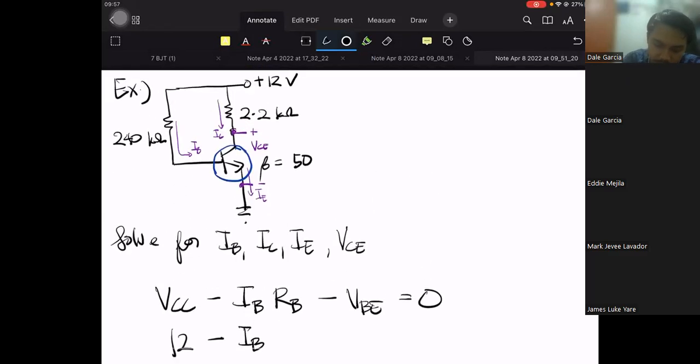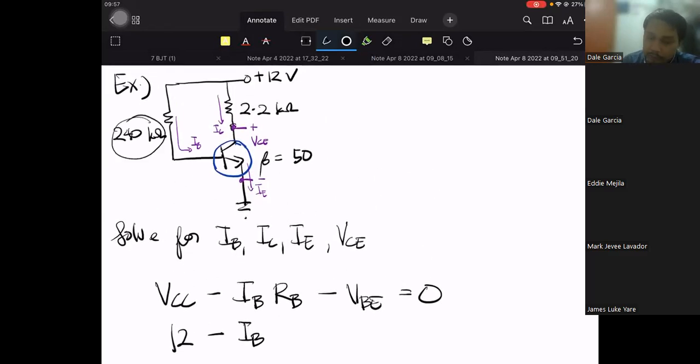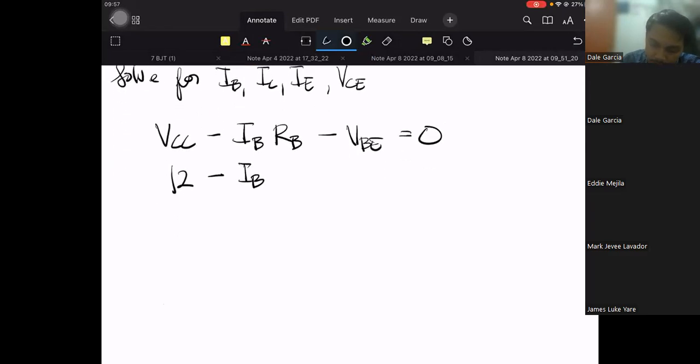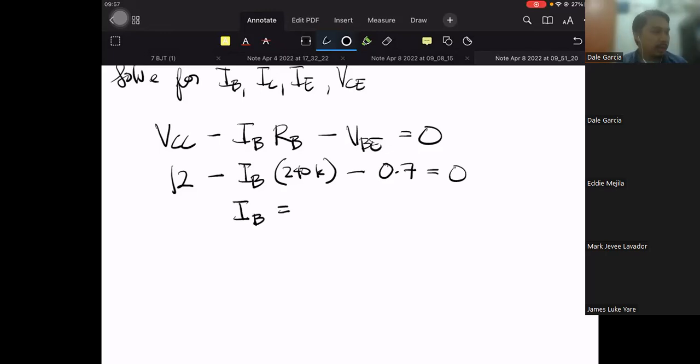RB is given as 40 kilo ohms, minus VBE, which you should memorize as 0.7, equal to 0. One equation, one unknown. IB is the unknown, so you could solve for IB. How much is IB? If you have calculators with you, you could solve this one.